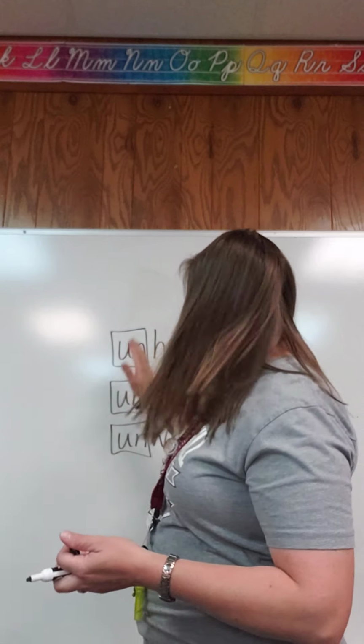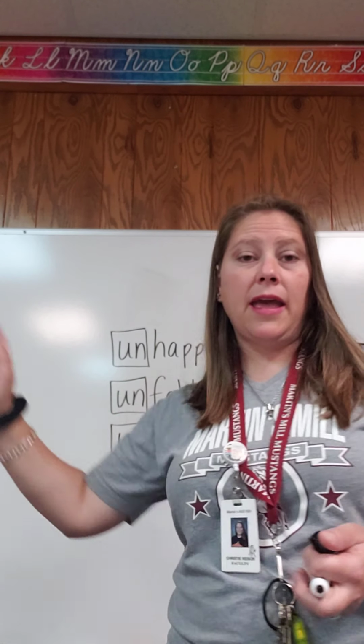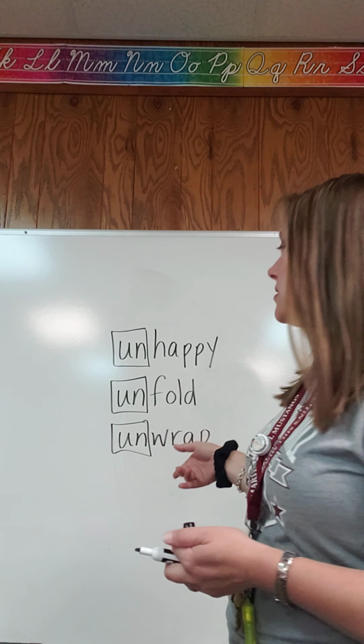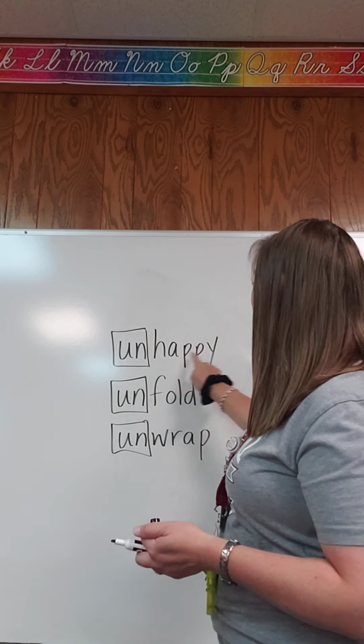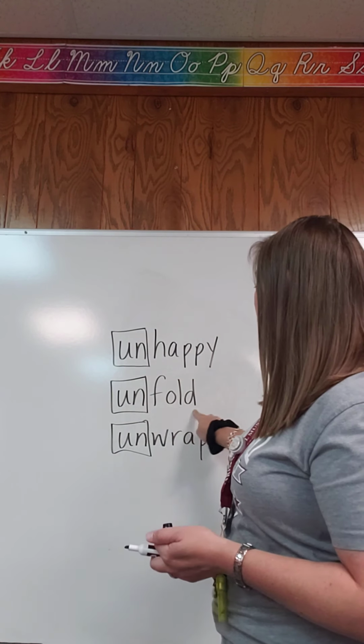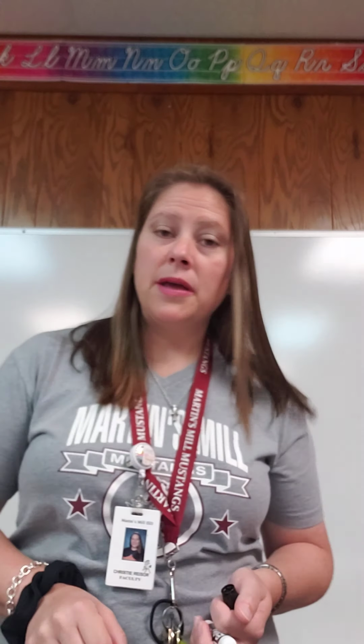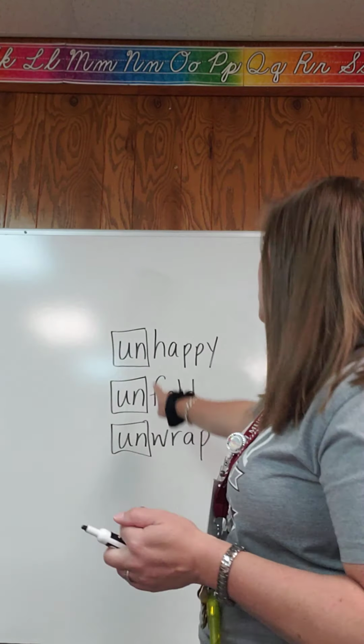Now remember, you have to see, can you pull un away and have a base word or root word left behind in each of these? Yes, you do. Take away un, you're left with happy. Take away un, you're left with fold. Take away un, you're left with wrap. So that kind of gives you an indication of what prefix un means just listening to these words.